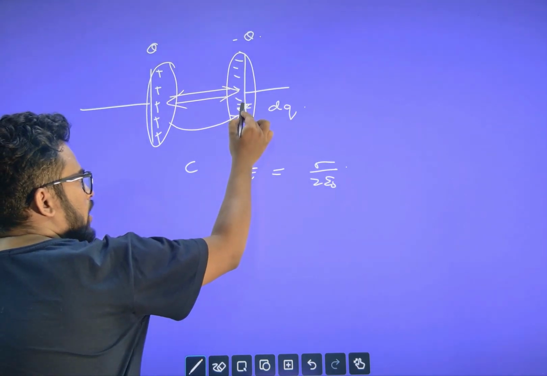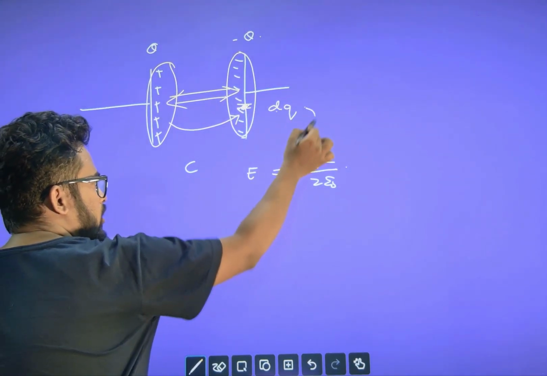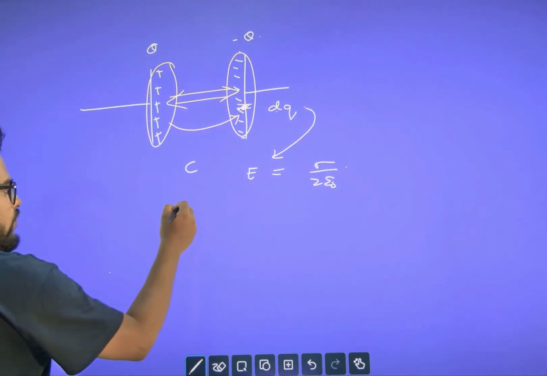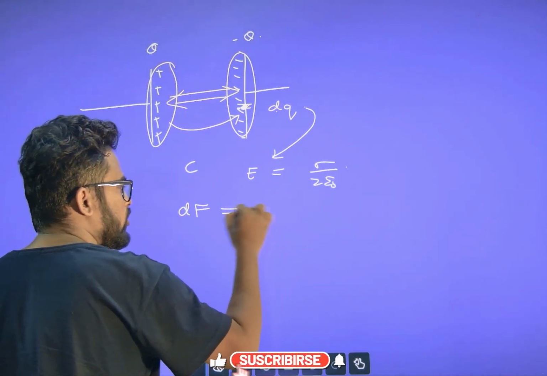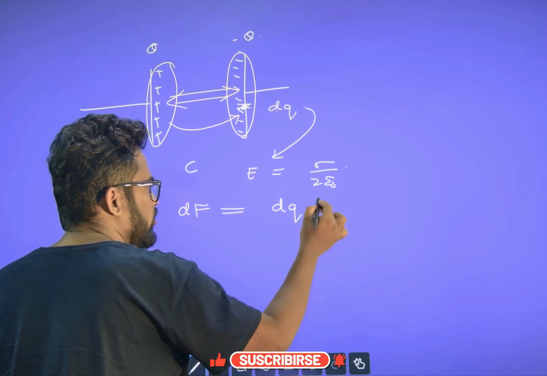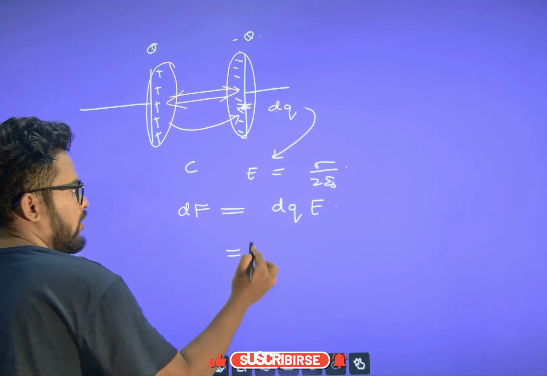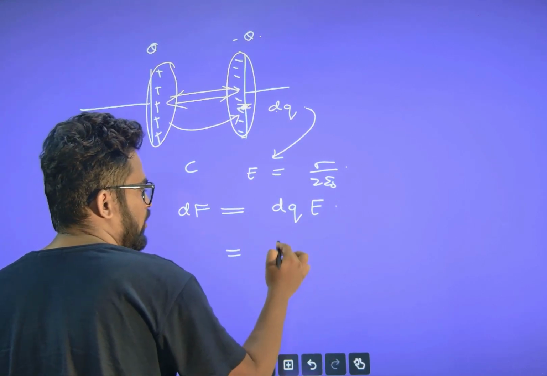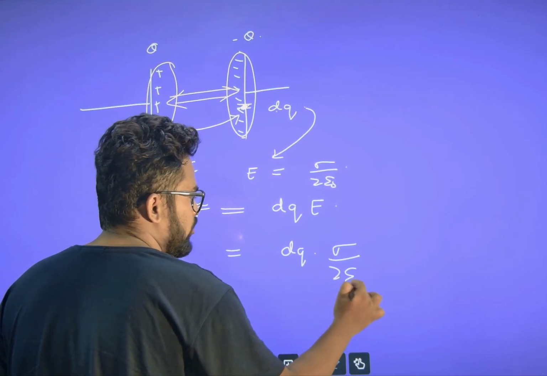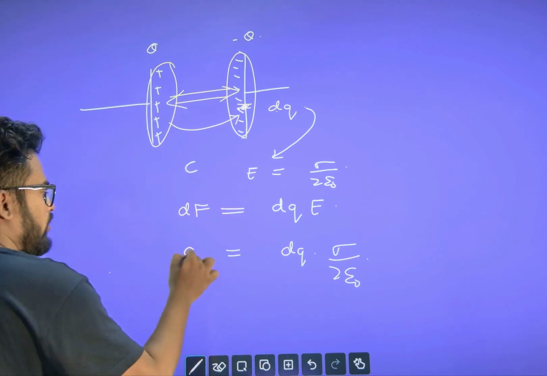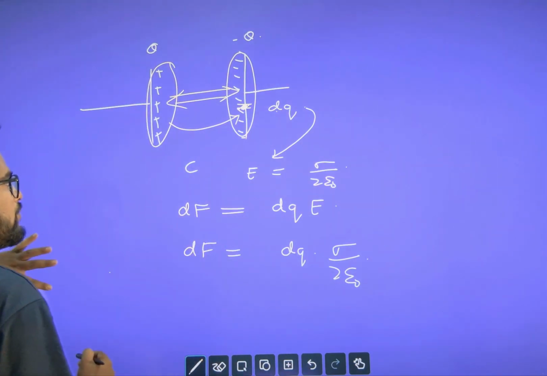Now this charge is placed in this electric field. So if I talk about the force on that elemental charge, force is given as charge into field. So charge dq, field how much? Sigma by 2 epsilon naught. So that is our elemental force.